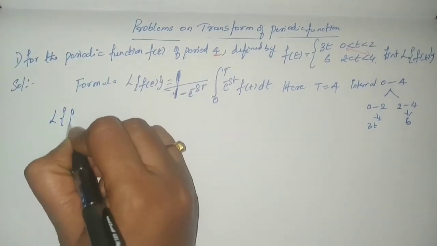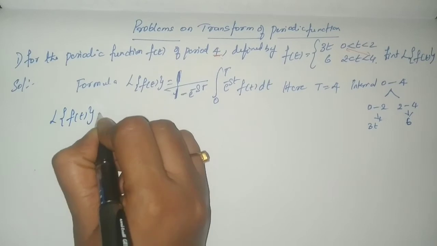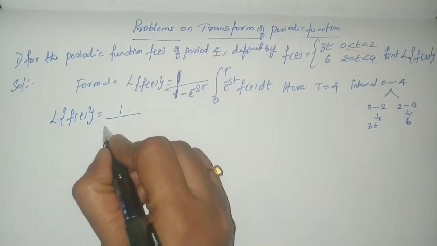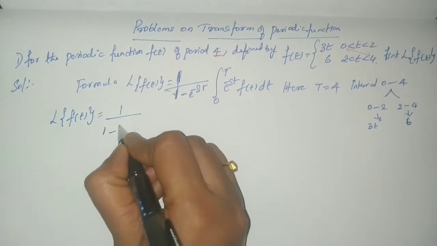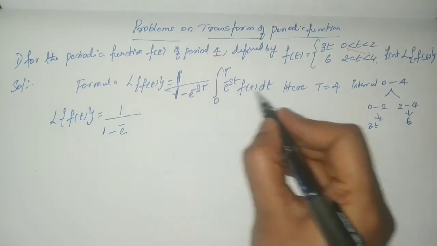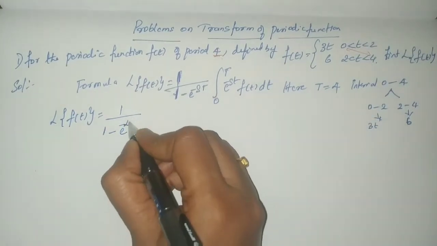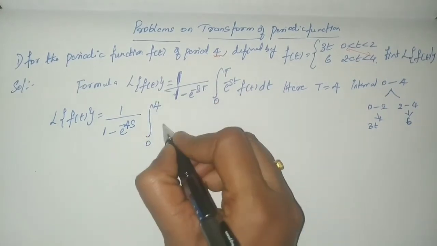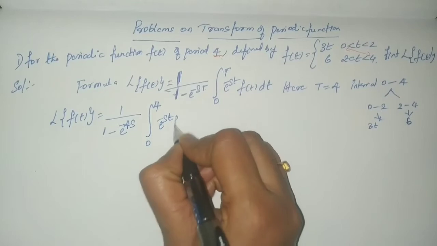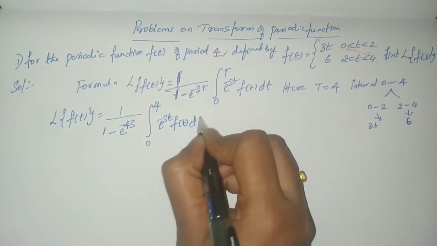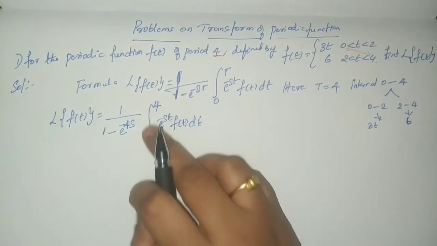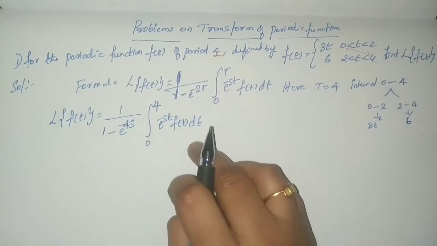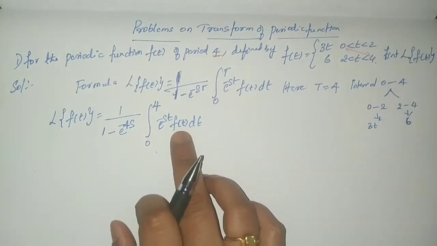So Laplace transform of f of t is equal to 1 by 1 minus e power minus s into T. What is T? T is 4. So I'll write it as 4s. Integral 0 to T, that is 4, e power minus st f of t into dt. Since this 0 to 4 is divided into two integrals, we are not specifying the function now.